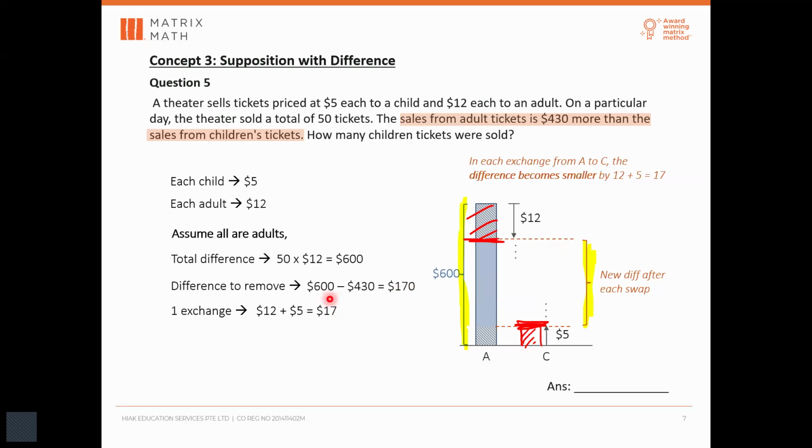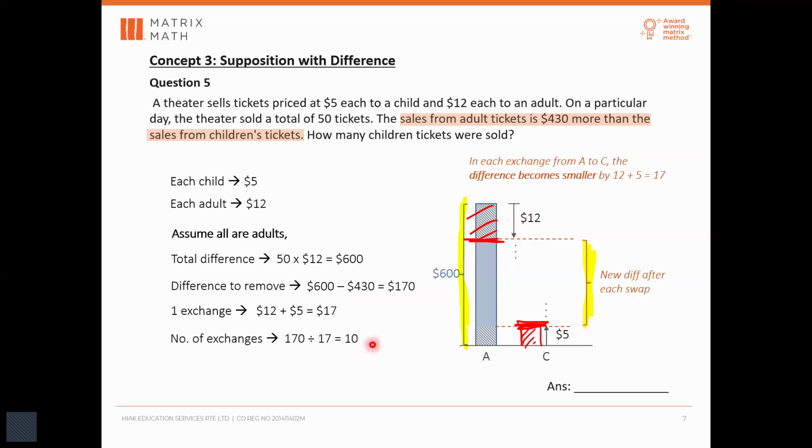So if every exchange, the difference becomes smaller by 17. Remember earlier on, we want to remove a difference of $170. So how many times must we do it? We do it 10 times.